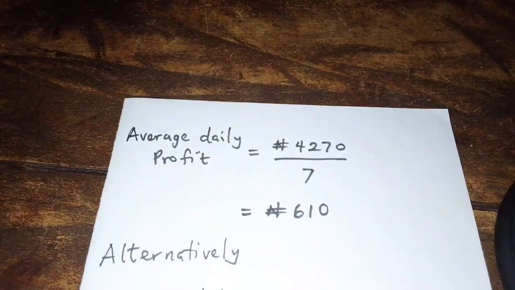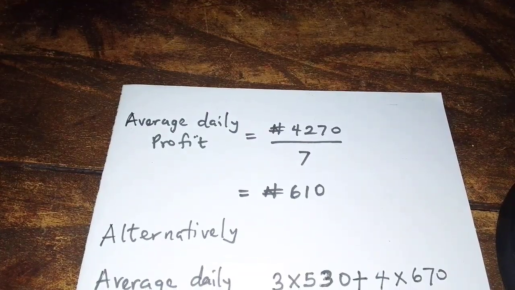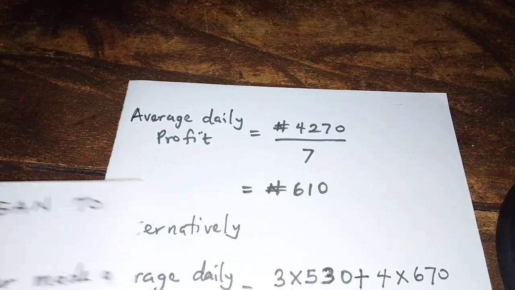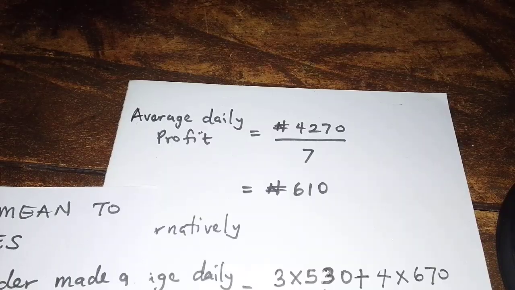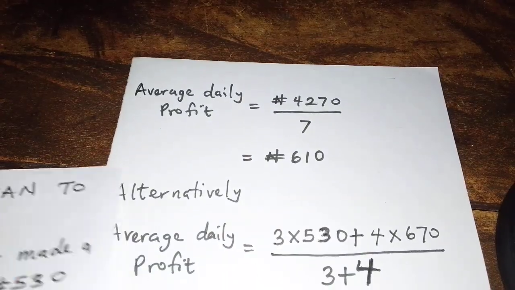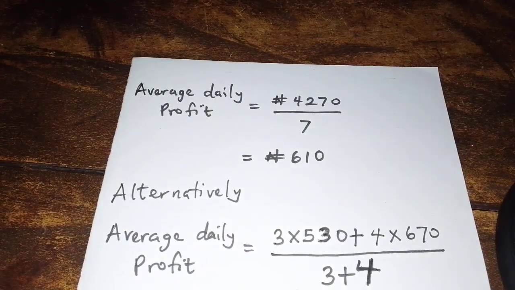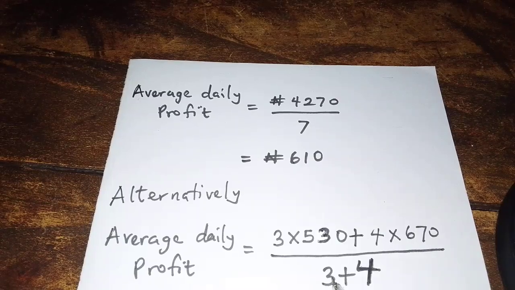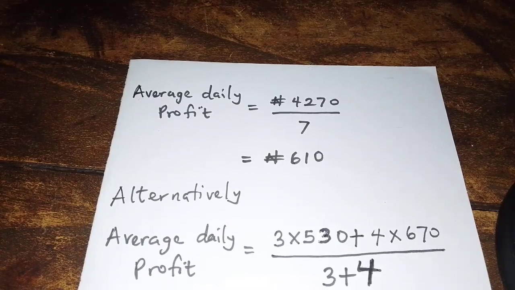To get the total profit for the 7 days, you multiply 3 times 530 plus 4 times 670. Then to get the average, you divide by the addition of the number of days, 3 plus 4.